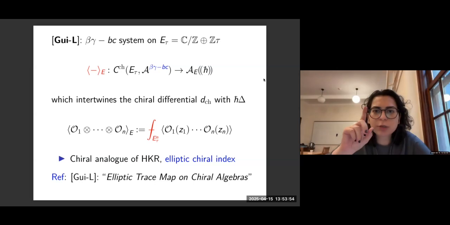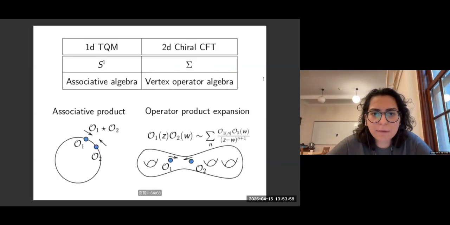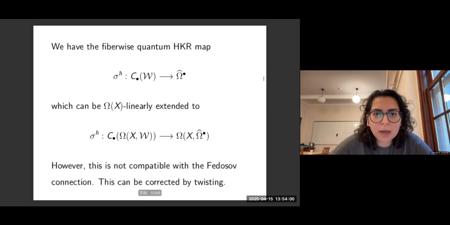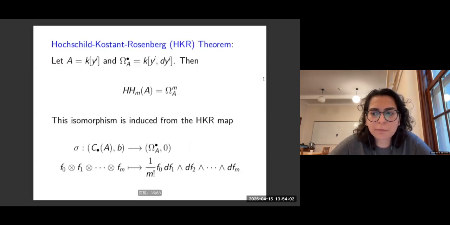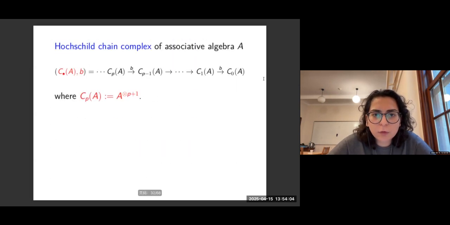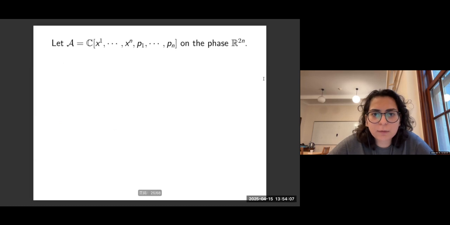I have a question actually. In the beginning of the talk, there was a function f, which was a function of momentum and position, right? Yes.